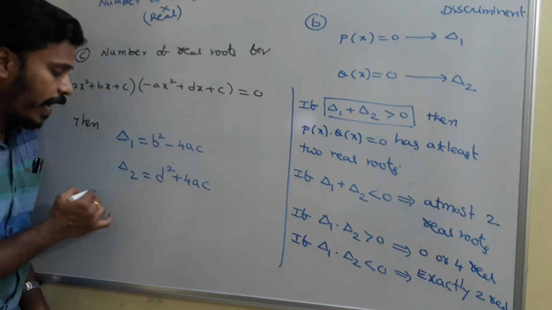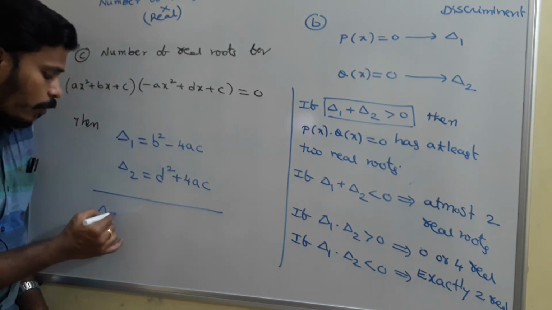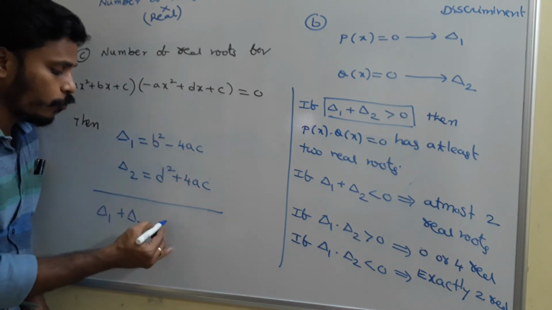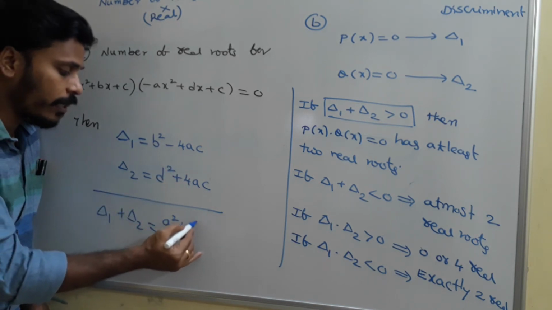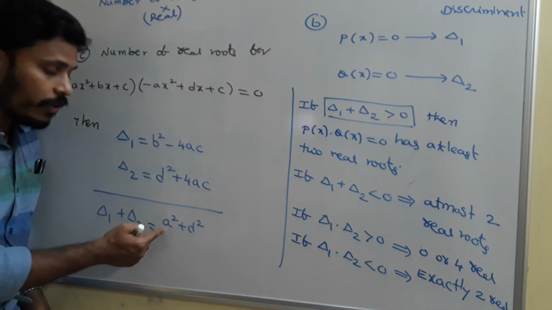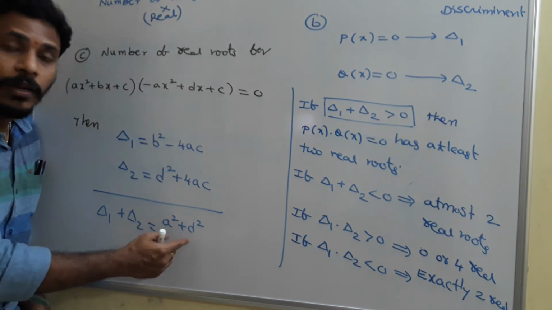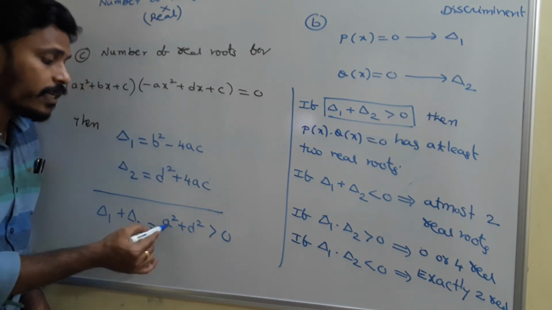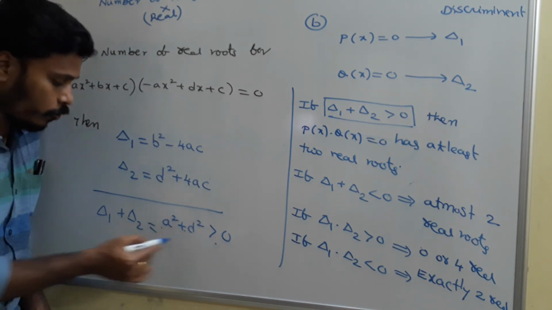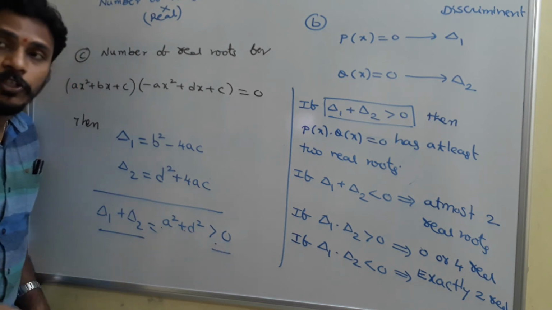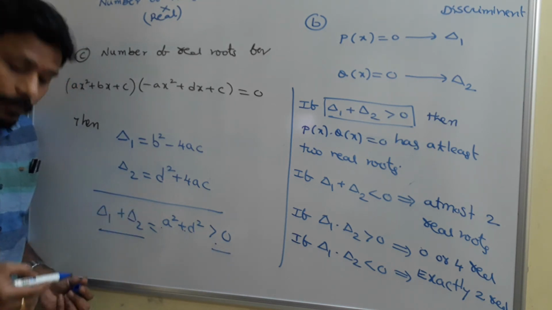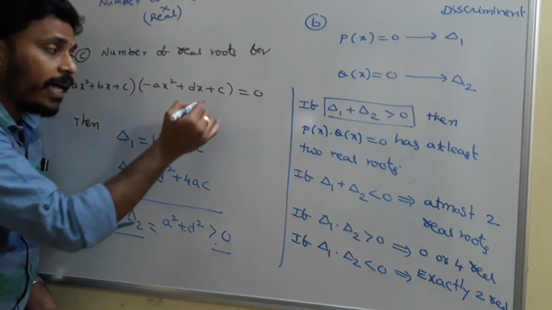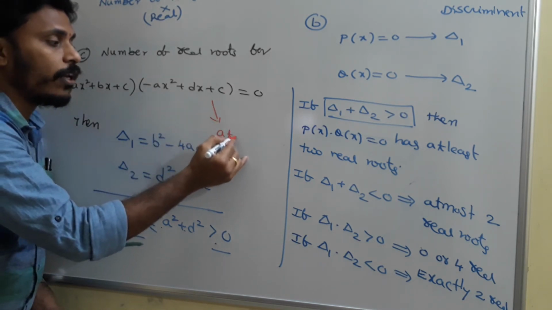And now if you add, what will happen? Delta 1 plus delta 2 equals b square plus d square, as minus 4ac and plus 4ac get cancelled. And we are very familiar with this: b square plus d square is always positive. Since it is always positive, delta 1 plus delta 2 greater than 0 happens. Since delta 1 plus delta 2 is greater than 0, this product has at least 2 real roots.